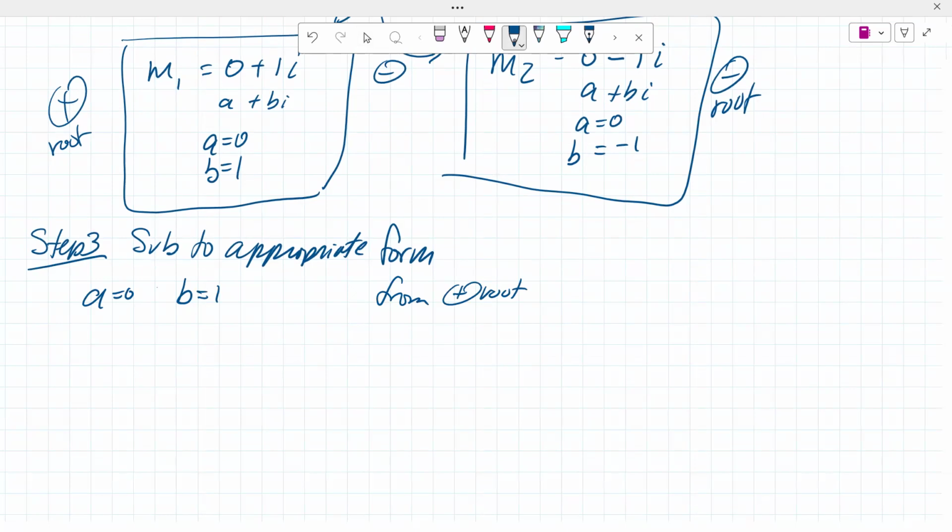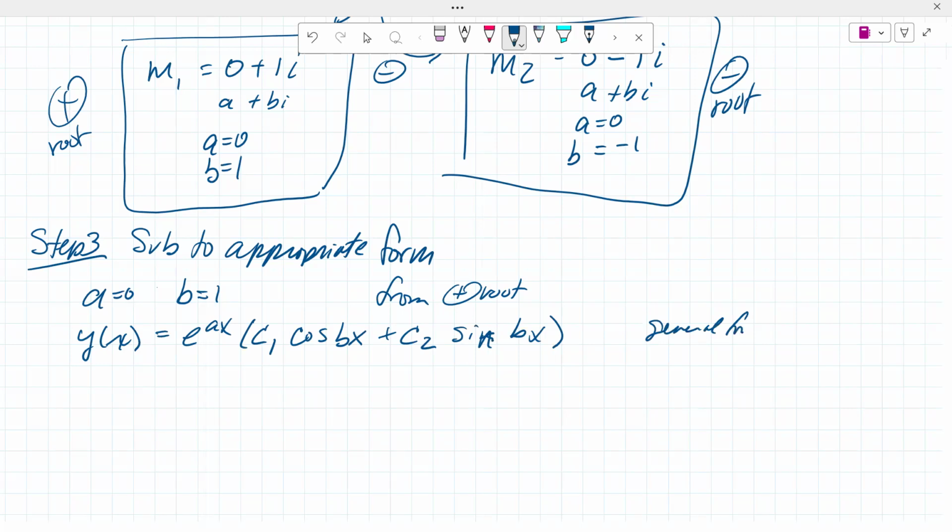Then we have y of x equals e to the ax. This is why we need the a's. C1 cosine bx plus C2 sine bx. All right. This is the general form for the complex roots.